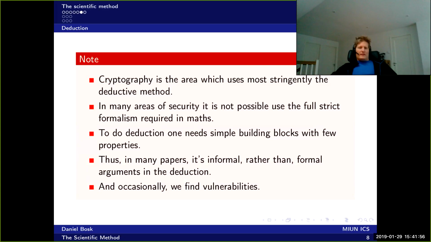We note that cryptography is the area which most stringently uses the deductive method. Of all the areas in security, cryptography is the most deductive one. It's closest to pure maths. In many areas of security, it's not possible to use the full strict formalism required by maths.